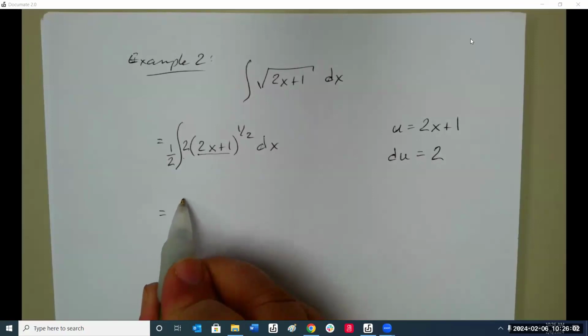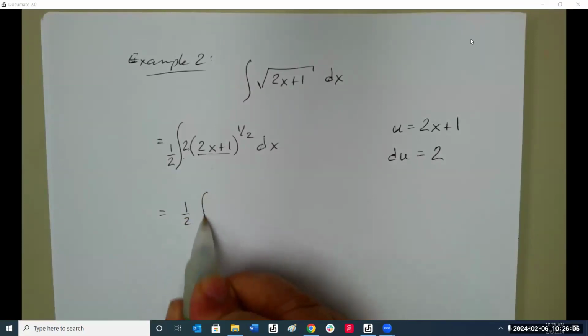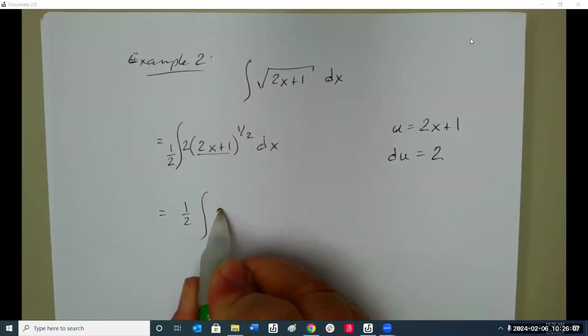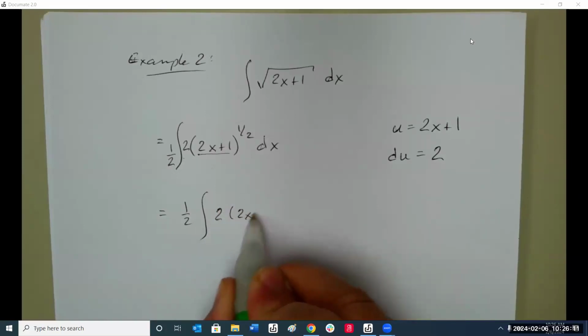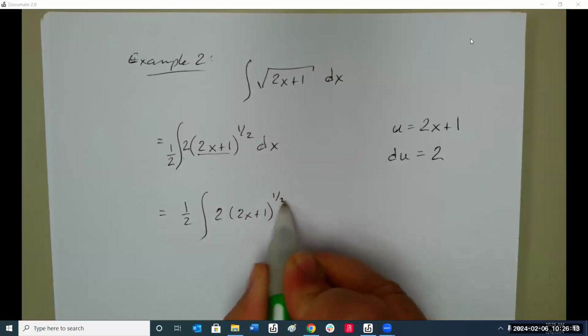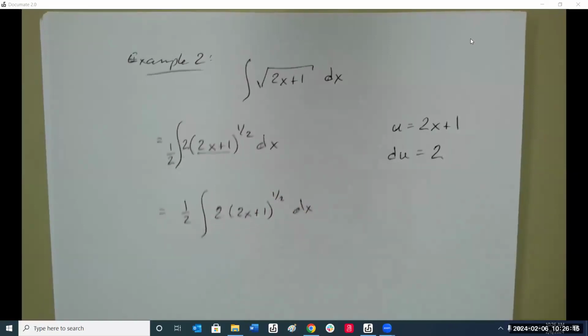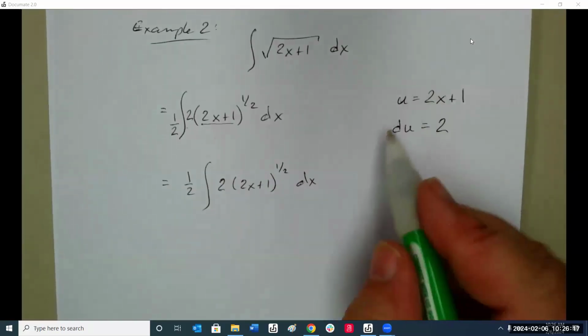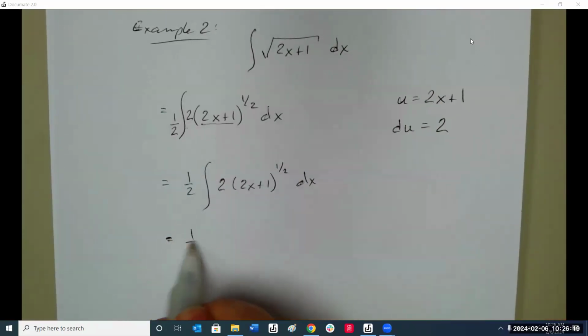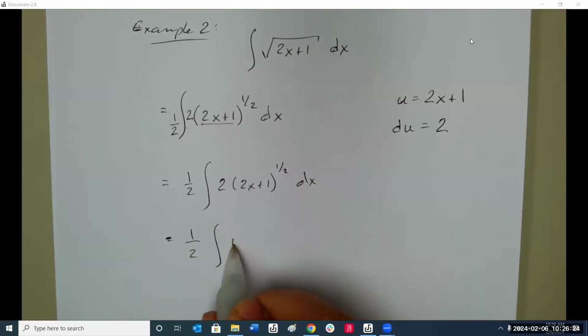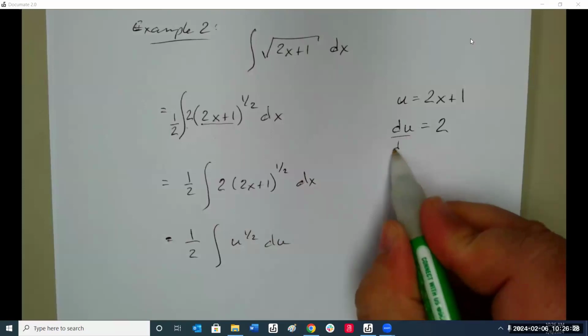So what we have here is 1/2 integral of (2x plus 1) to the power 1/2 dx, which becomes 1/2 u to the power 1/2. This is du dx, actually.